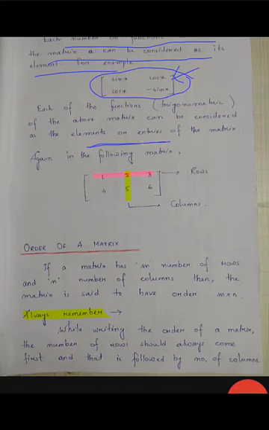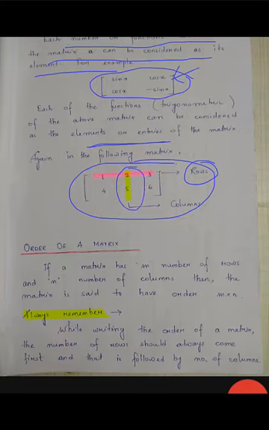Again, in these matrices, please look at this figure. In the highlighted part, the pink highlighted part, this horizontal arrangement represents a row, while the vertical arrangement, the yellow colored highlighted part, is known as a column.